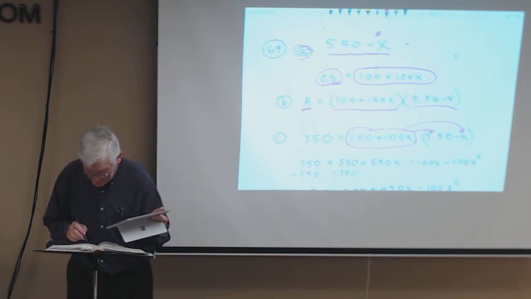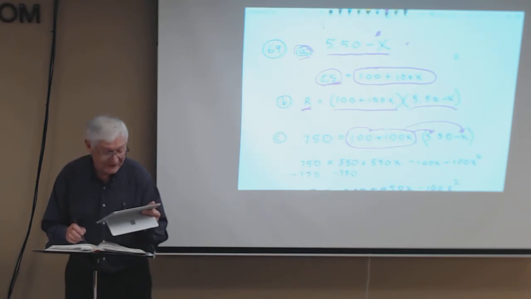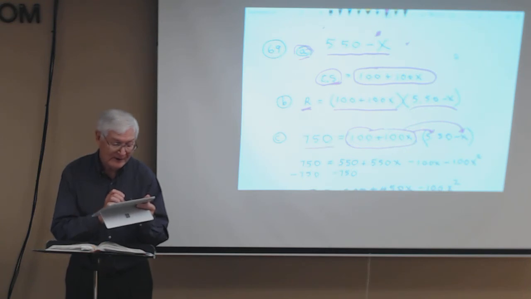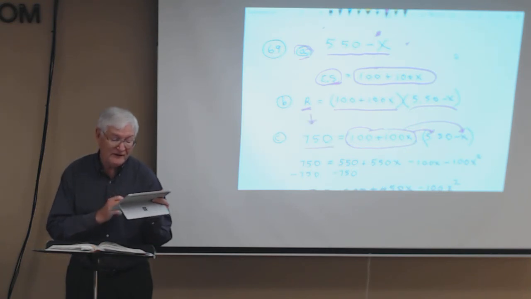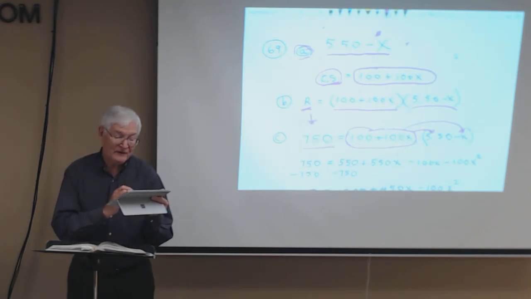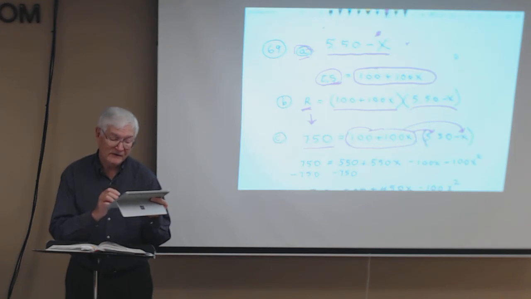C, if the theater wants to have $750 in revenue, so I put 750 in place of revenue. Now I have 750 equals 100 plus 100x times this number here.